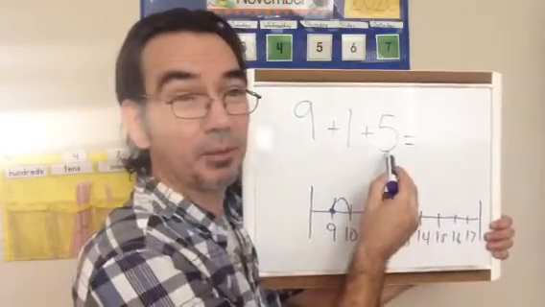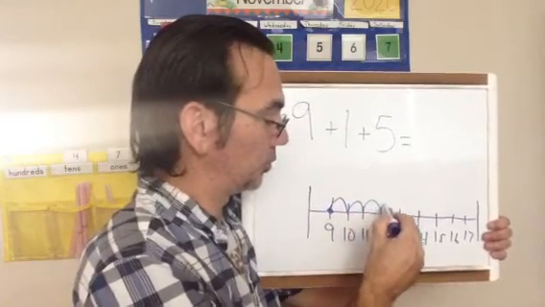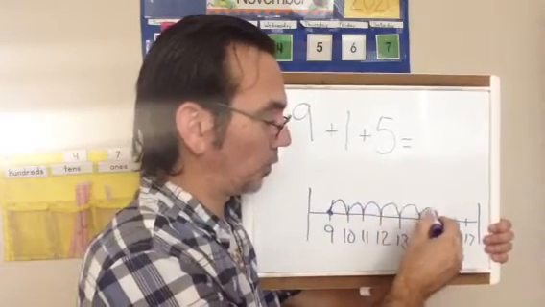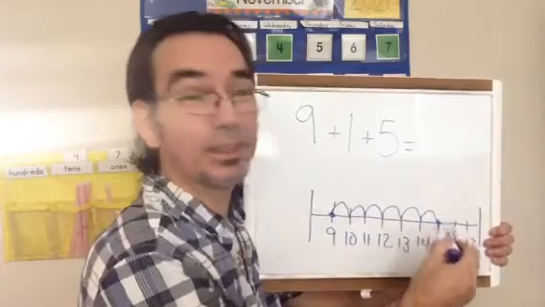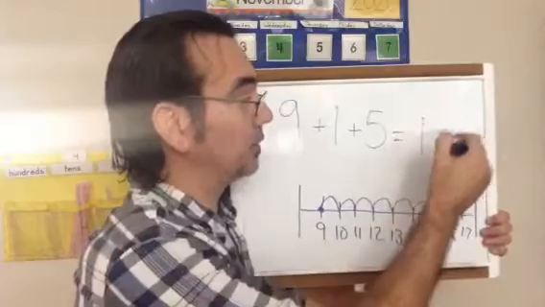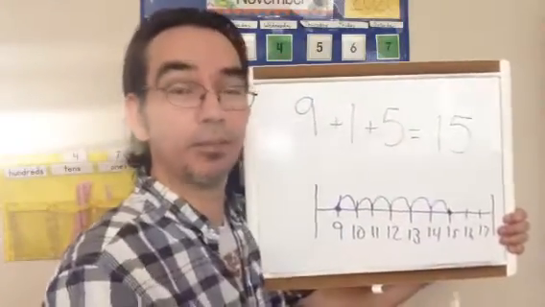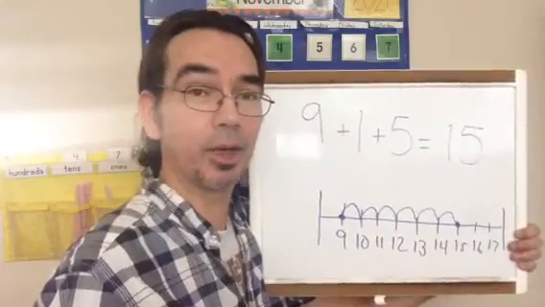But we're not done yet. We have to jump forward 5 more. 1, 2, 3, 4, 5. Very important not to count until you've landed your jump. And that leaves us at 15. 9 plus 1 plus 5 equals 15. And that's with our number line. Okay. So we're cruising right along.